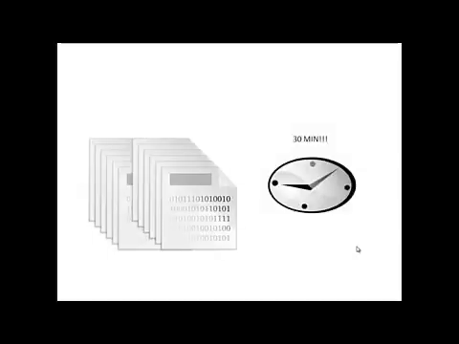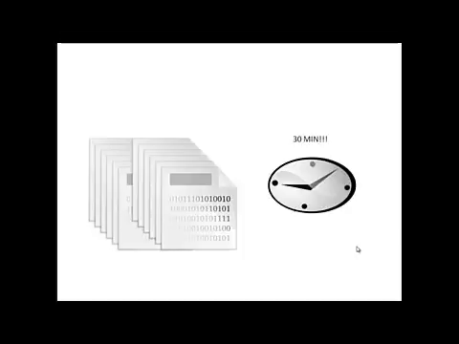A simple query execution might take 30 minutes or so, and as a result, customers need an analytical tool that offers a much more drastic improvement in terms of performance.